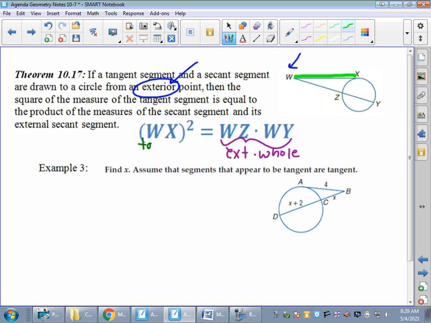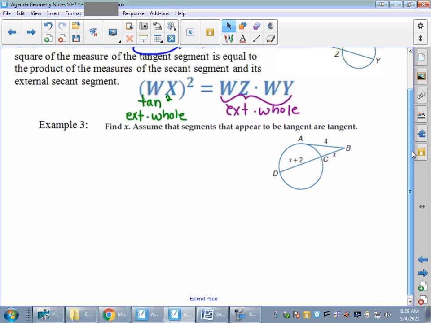So we could say tangent squared here, or we could still say exterior times whole. They just happen to be the same piece. So whichever makes the most sense to you. To me, it's one less thing to remember if I just always remember exterior point, like W, means exterior times whole. All right, so let's run through a quick example here.